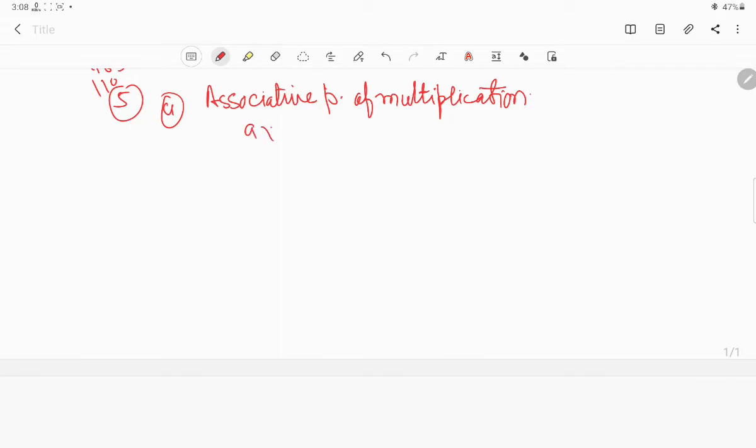That is A into (B into C) is equal to (A into B) into C. It means when you multiply three or more integers in the order given, the product will remain the same.